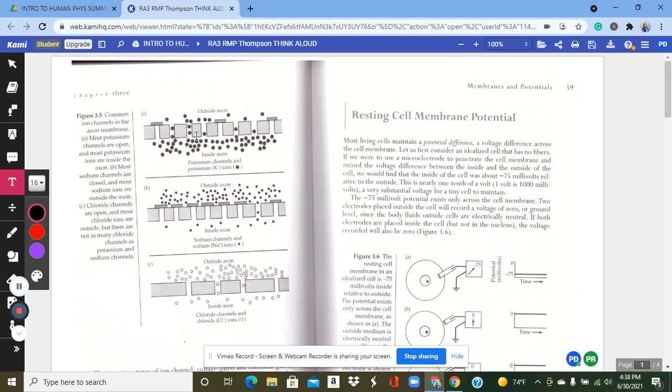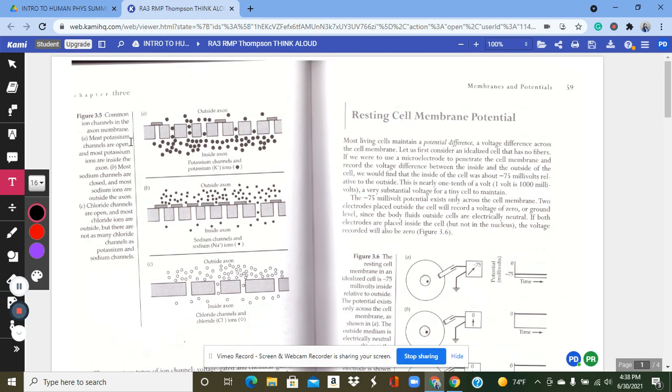We can see the channels are open because none of these square things are blocking the axon pathways, and I think these dots are the potassium ions. The bottom part is the inside of the axon, the top part is the outside. So this shows how potassium channels are open and most of the ions are inside the axon.